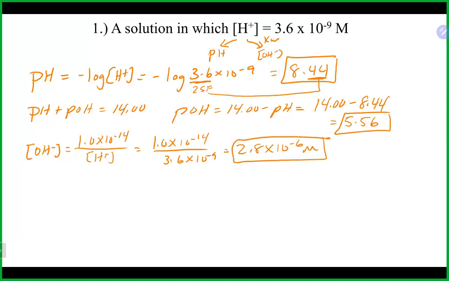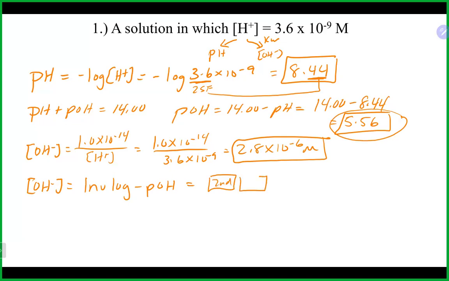You also could, because you have the pOH, use the pOH and say that the OH minus concentration is equal to the inverse log of the negative pOH. On a display calculator, that's second, log, negative, 5.56, and equals.